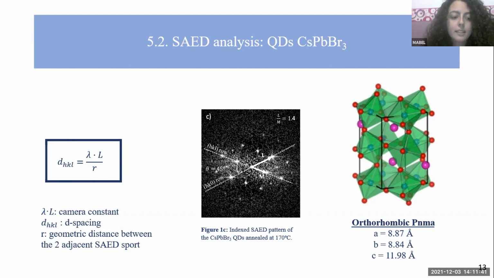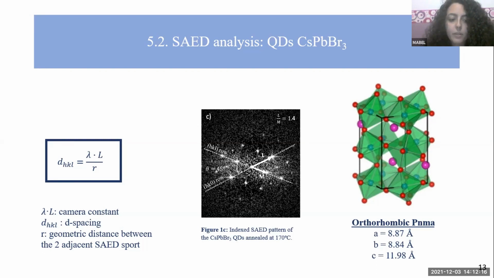By using this data and the LM relation presented in Figure 1C, the 010 pole of an orthorhombic system is determined. So the sample obtained at 170 degrees is coincident with cesium lead tribromide in orthorhombic configuration, with the lattice parameters shown on the screen, where A and B are equal and C is different from the other two parameters, which is understandable as it is an orthorhombic space group.